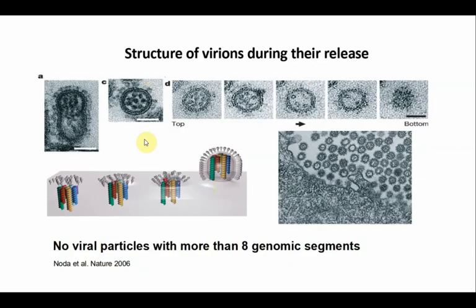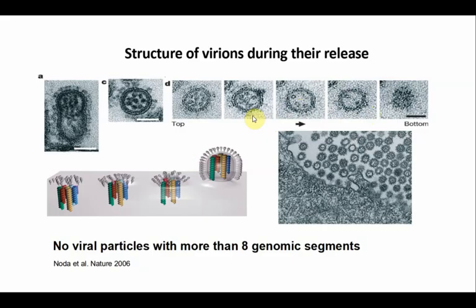And you don't ever find any with 10 or 11. You always have 8. And because the different segments are different sizes, you could say, oh, this one's segment 1, and this one's maybe segment 2, because this is the longest one, right? This one will be segment 3. So you can figure out that, in fact, it's got one copy of each.